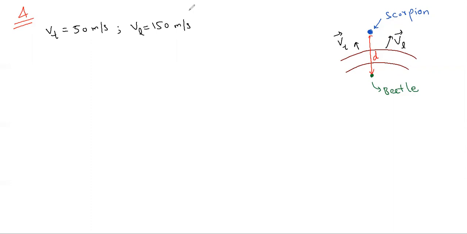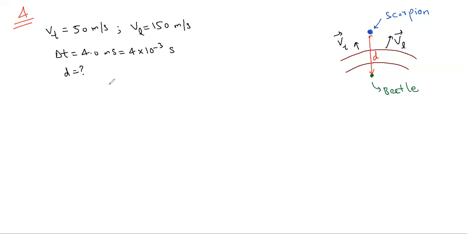So if we assume that delta t, the time difference between the two snapshots of the waves, is 4 millisecond, so 4 multiplied by 10 to the power minus 3 second. We have to tell what is this distance d.